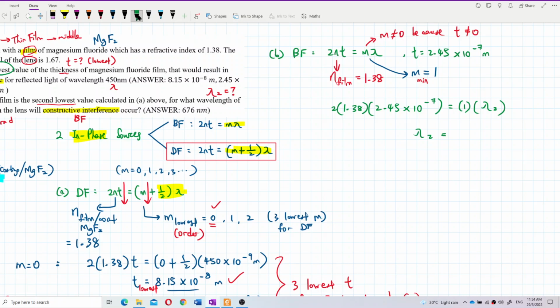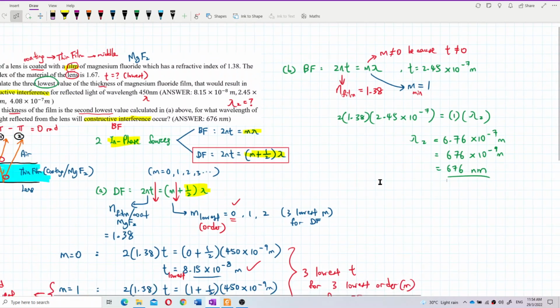The answer is 6.76 exponent -7 meter. I can also change it to 676 exponent -9 meter, so this is actually 676 nanometer.